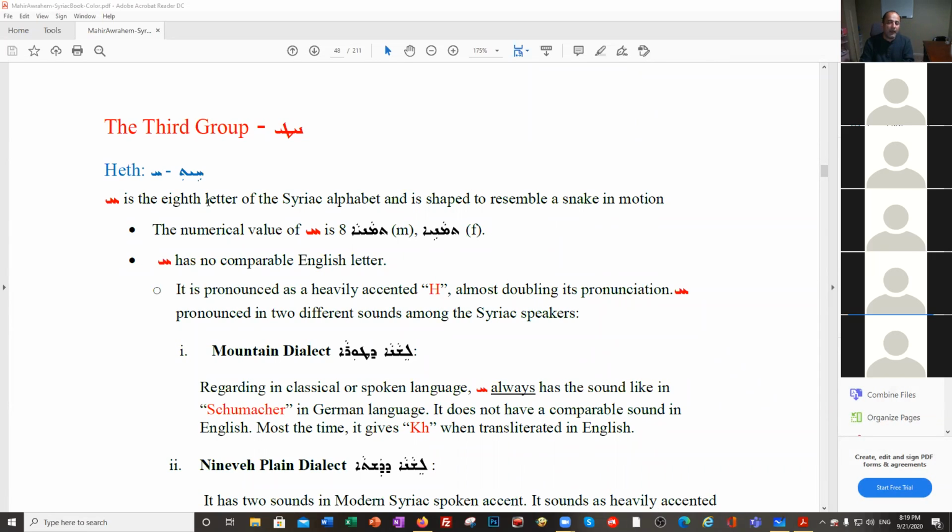Snake. Okay. And Hath, we're going to talk about that one. Numeric value is 8. 8 for male, 8 for female.